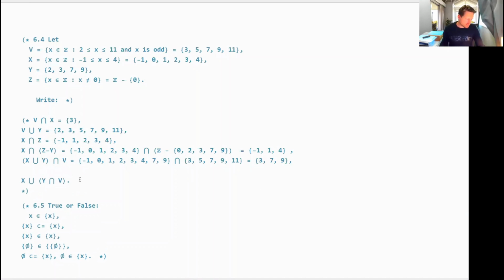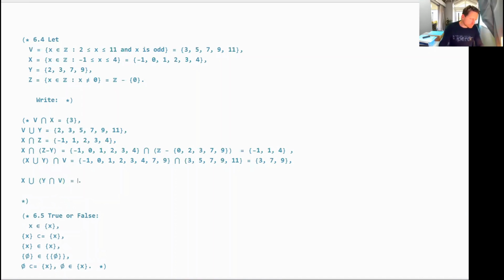All right, good. Now let's look at the last one in 6.4. So x union y intersect v. Okay, so let's take x. And then the union of y intersect v. Okay, so y intersect v, which we haven't already calculated.